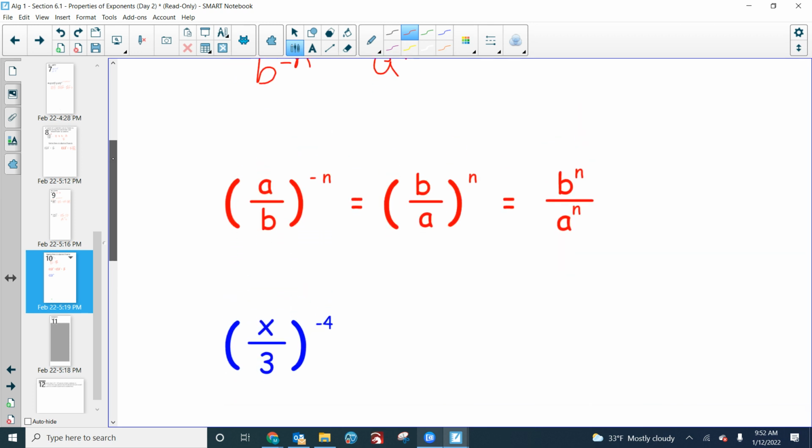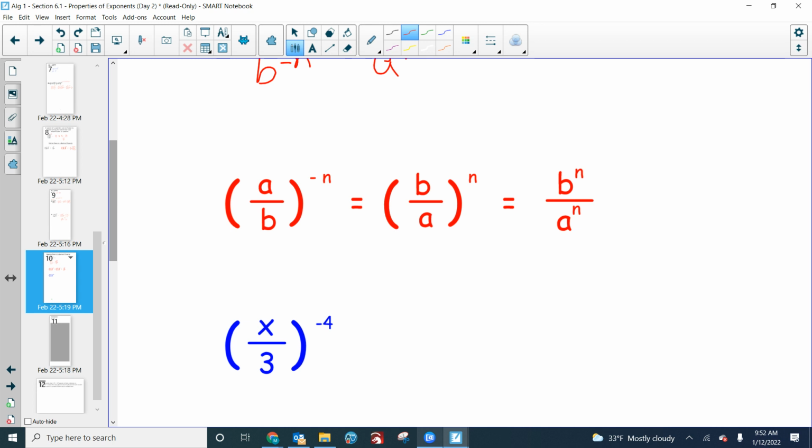All right, watch. Here's what we're going to do. To get rid of the negative exponent before I distribute it, inside the bracket I'm going to flip my fraction. And then when I do that, I can take my negative n and make it a positive n. Okay?